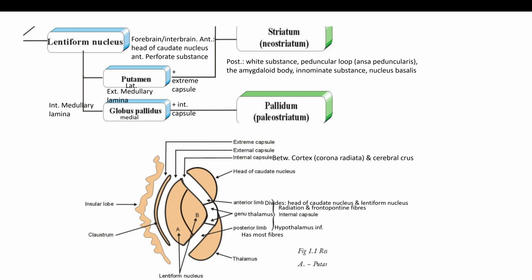The lentiform nucleus also consists of a medial portion, the globus pallidus, connected to the internal capsule, and a lateral portion, called the putamen, bordered by the external capsule. The lentiform nucleus has two bundles of white matter: first the external medullary lamina, separating globus pallidus and putamen.